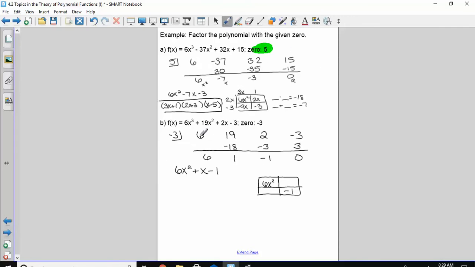Start with synthetic with the -3. After your synthetic, did you guys have 6x squared plus x minus 1? Now we do box method. So we need two numbers that multiply to a -6 and add to a +1.